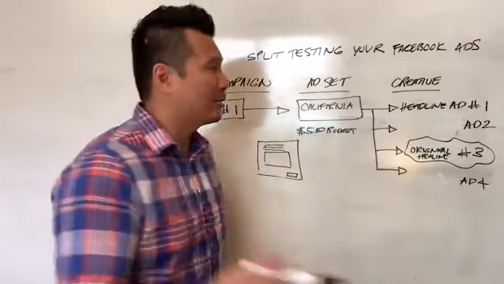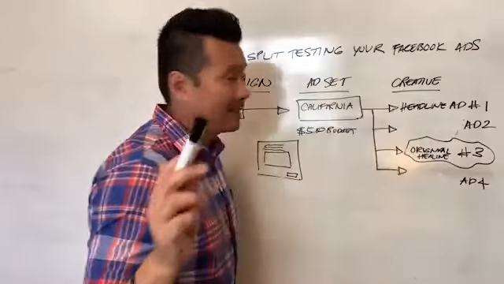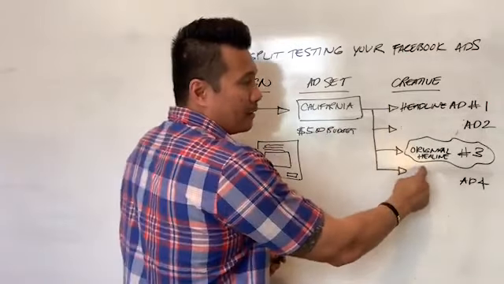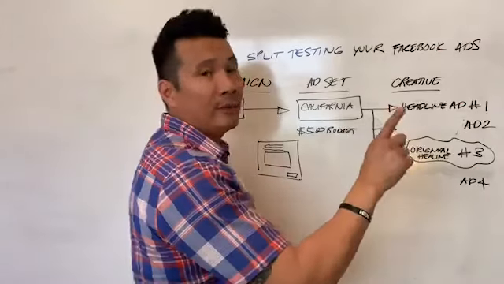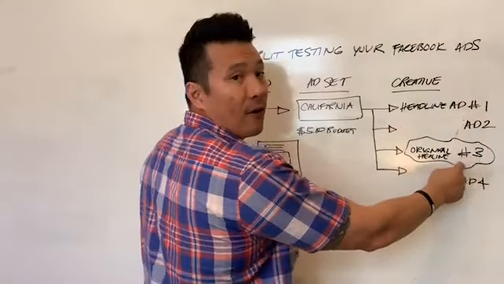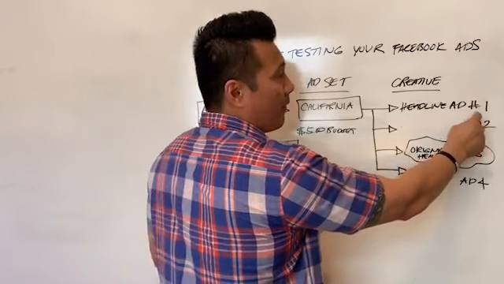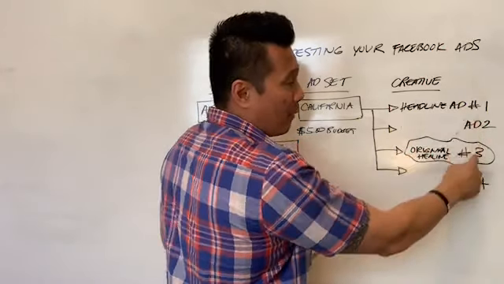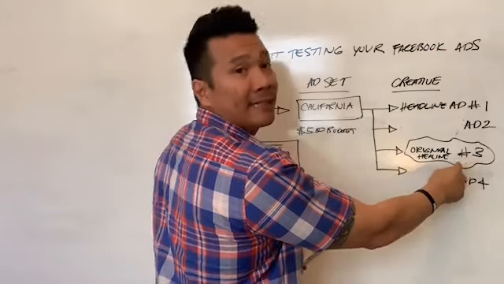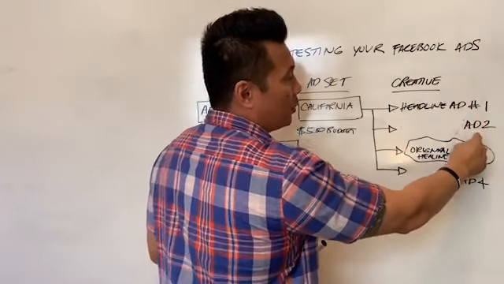So the next thing you need to split test is the headline. And like I said, since number 3 won, keep the original headline there. What we're gonna do now is use the photo. We're gonna change the photo on ad number 1, and we're gonna put whatever this photo is in ad 3 into ad number 1, ad number 2, and ad number 4.